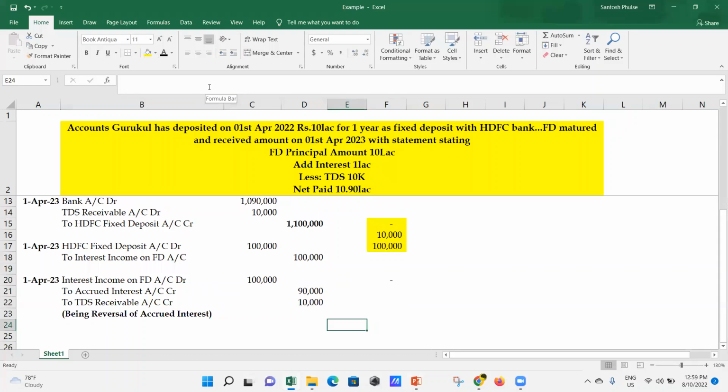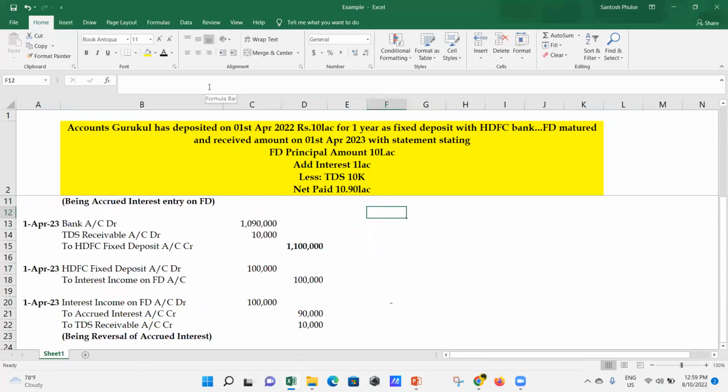Now, if you see related to this current financial year, how it's going to impact. So if you see here, first we have debited TDS receivable as 10,000. Then again, we have done the reversal here of 10,000 through the reversal of our accrued interest.